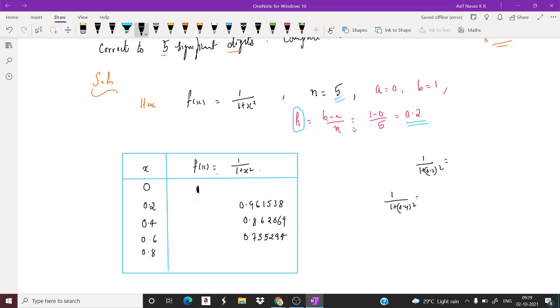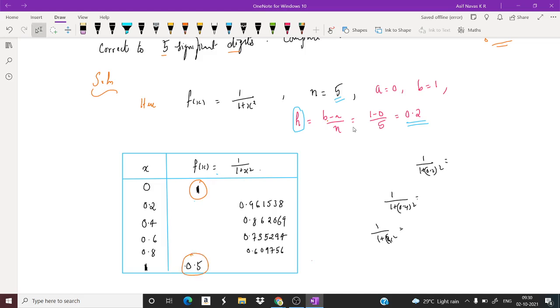Again, 1 by 1 plus 0.8 all square is 0.609756. And last one. Okay. Now I will write it here. First and last term I will write here. 1 by 1 plus 1 square. So that is 1 by 2, that is 0.5. So this is the first term and this is the last term.